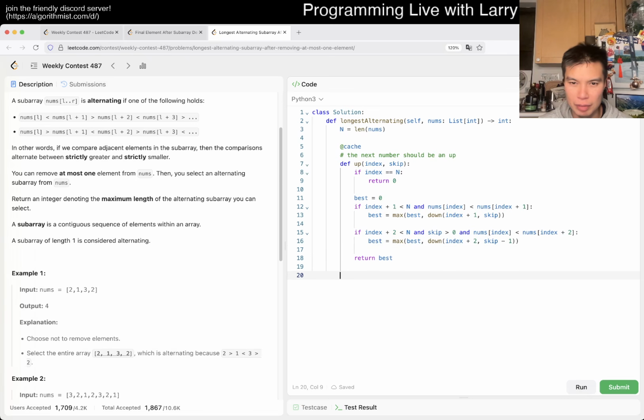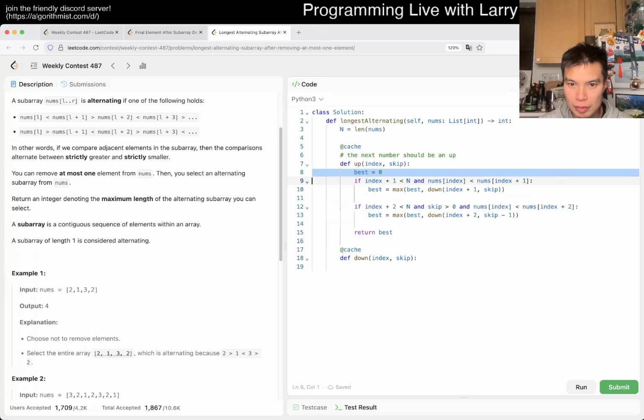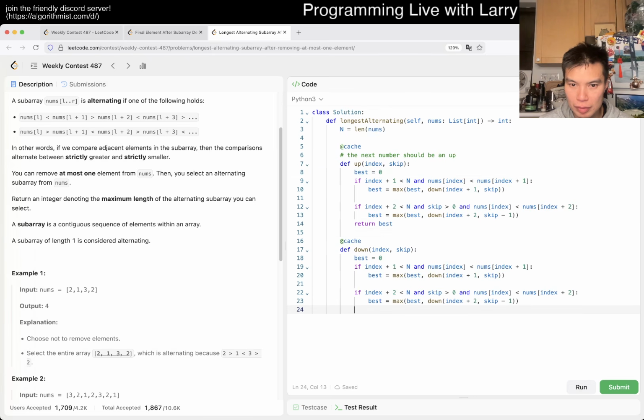I think the base case actually doesn't matter, but is it strictly? Strictly, okay.